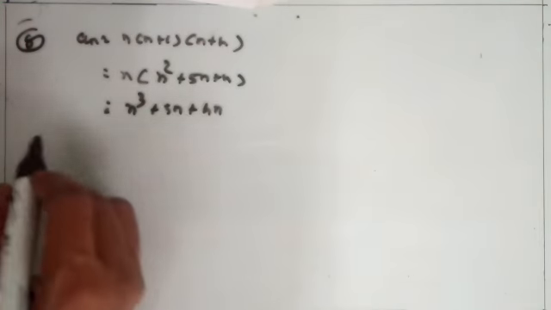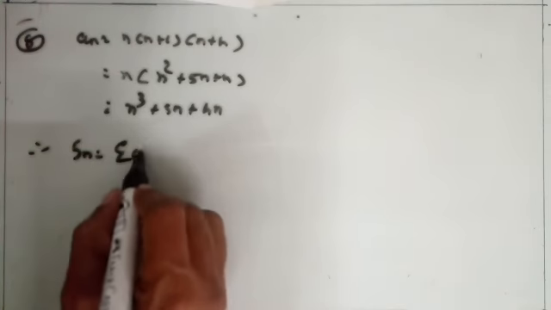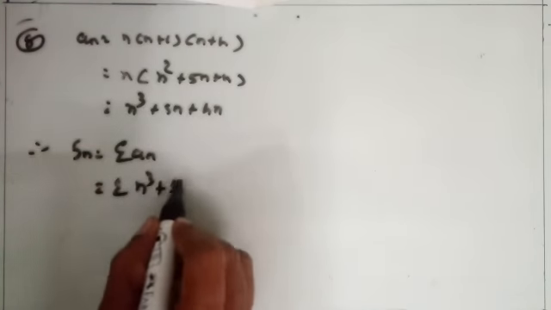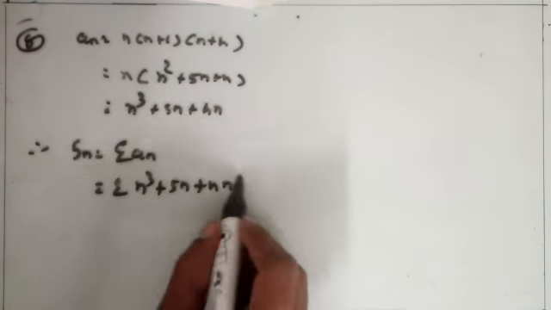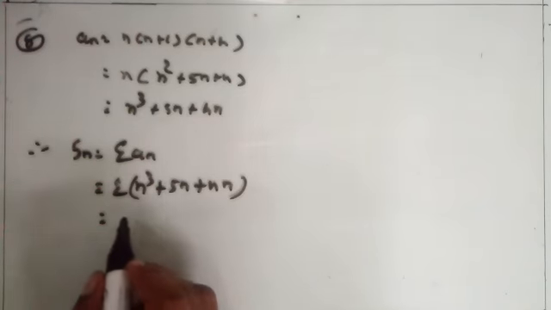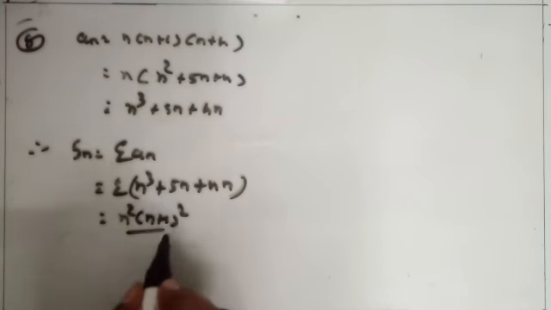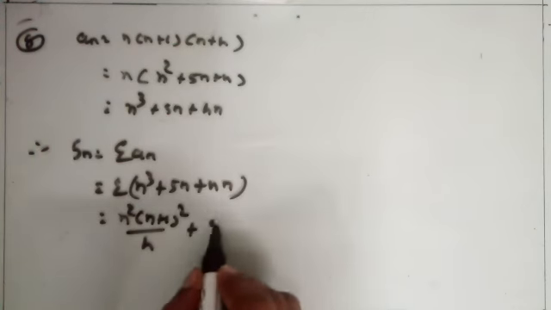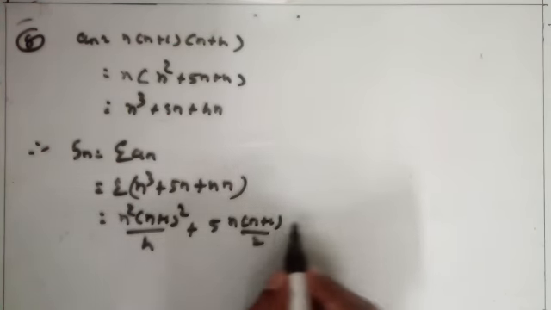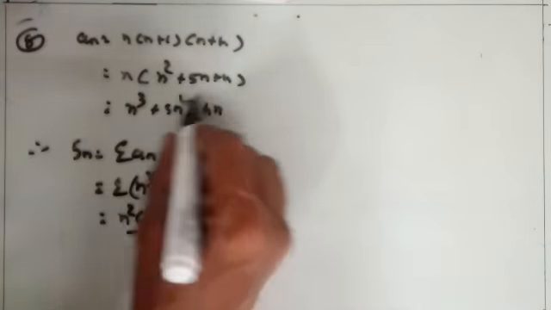Therefore the sum of all terms Sn is equal to sigma an, and sigma an is equal to n cube plus 5n square plus 4n. Clear? So sigma n cube is equal to, we know, n square into n plus 1 square upon 4, plus 5 into sigma n square, here n square.